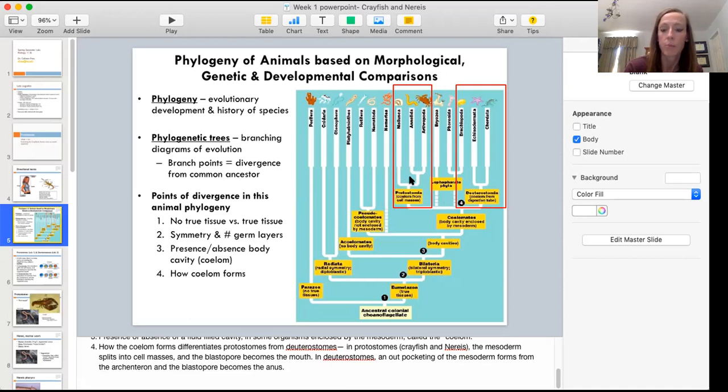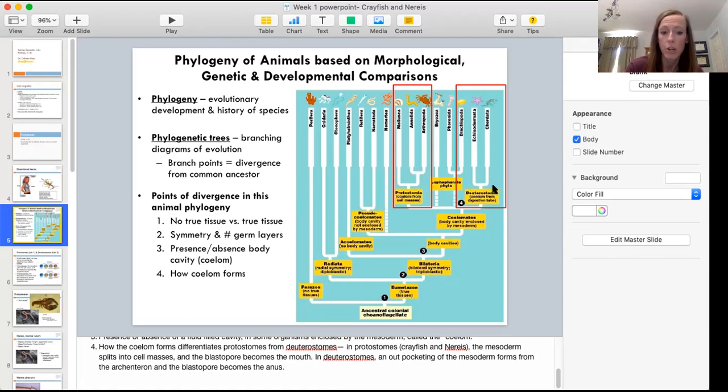So proto means first, stoma means mouth. The first opening into that ball of cells during embryonic development is the blastopore. And in protostomes, that first opening becomes the mouth. In deuterostomes, deutero means second, and stoma again means mouth.